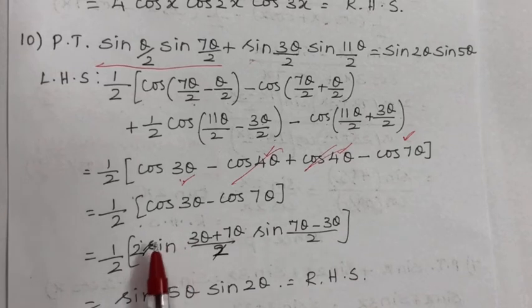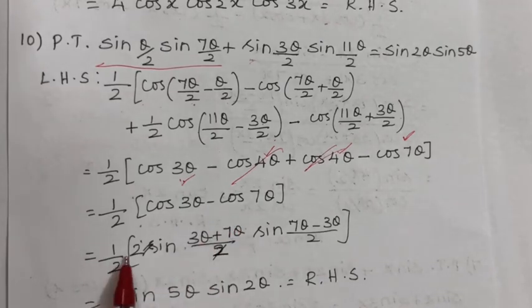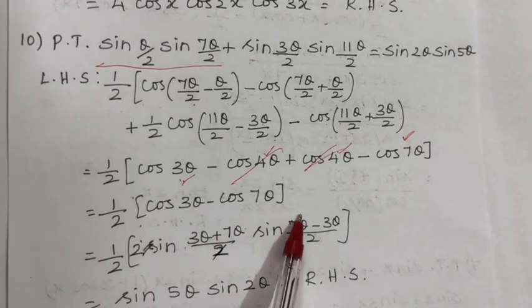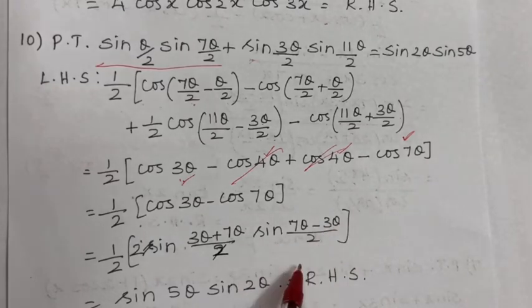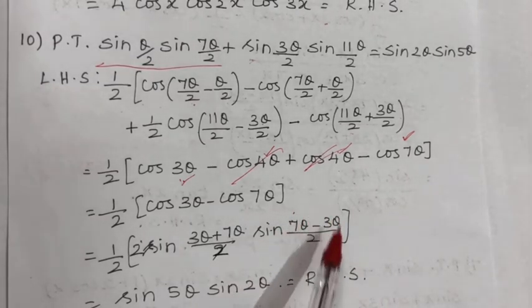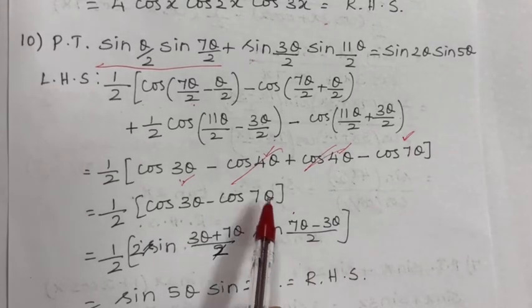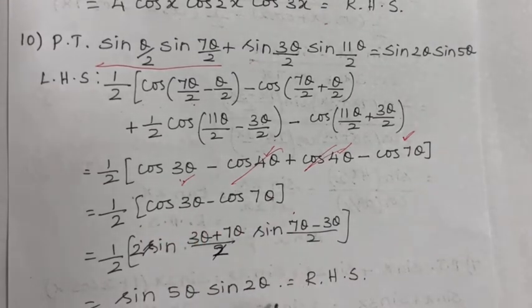Which identity are we using here? That is cos C minus cos D, that is 2 sin (C plus D) by 2 sin (D minus C) by 2. This formula is only different, sin (D minus C) by 2. So 7 theta minus 3 theta by 2, here (C plus D) by 2.